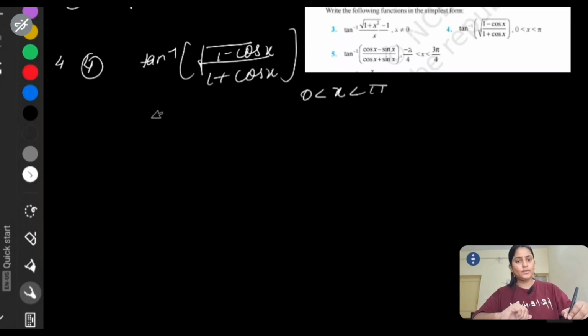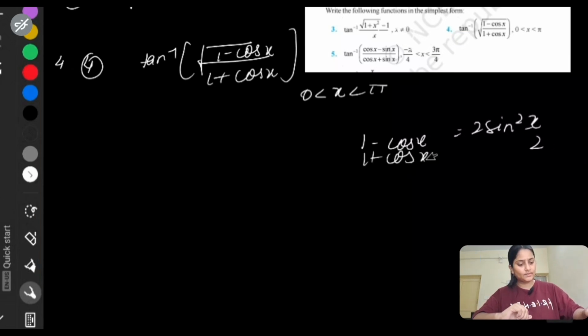Let's solve it. We know that 1 minus cos x equals 2 sin square x by 2, and 1 plus cos x equals 2 cos square x by 2. These are the two important formulas we will use so that we can solve.